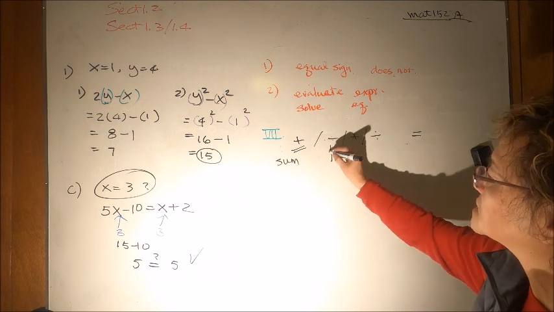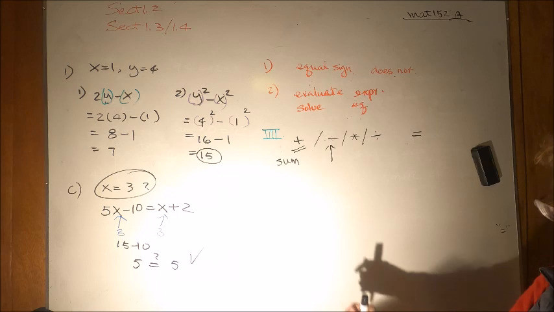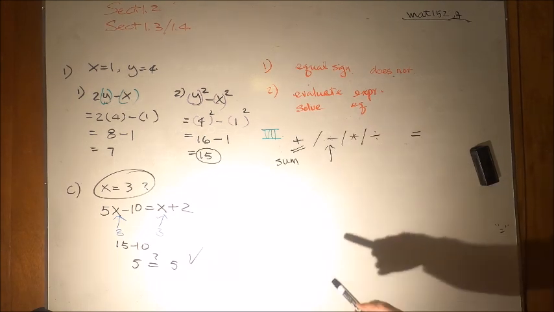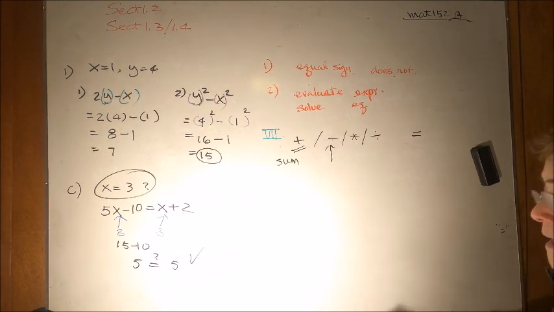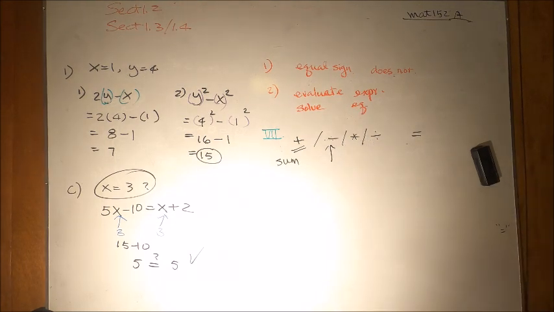So when do we use subtraction? When the problem says, find the difference of these two numbers, then you subtract them. Or minus, you will do that. Or subtract from, you will also do subtraction. Or it says this number is less than another number, you will do subtraction.